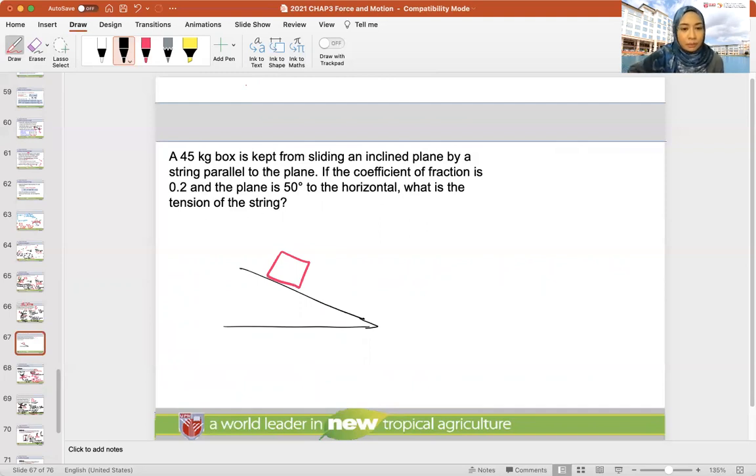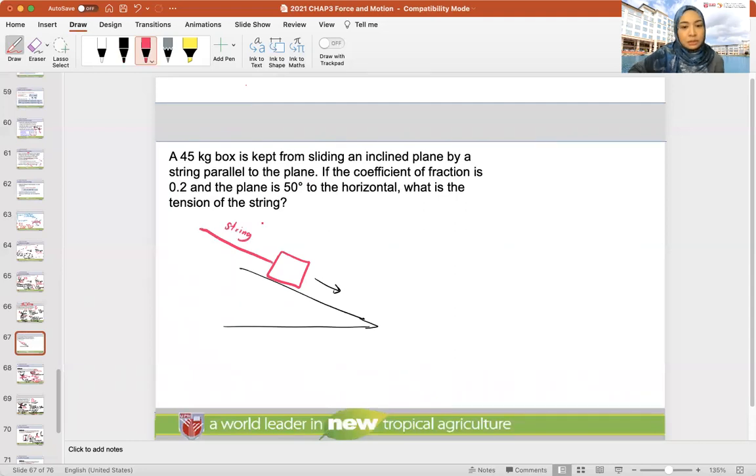So a 45 kilogram box is kept from sliding on an inclined plane by a string parallel to the plane. So tendency of motion is going downwards, of course. Therefore, kita akan assume the string is connected somewhere here lah kot. Let's just draw it first.